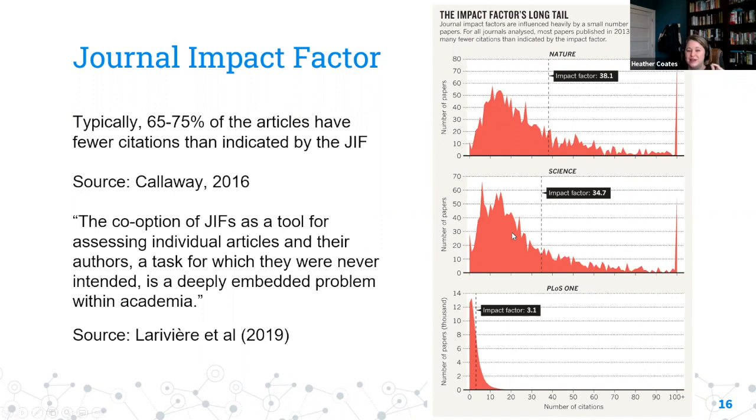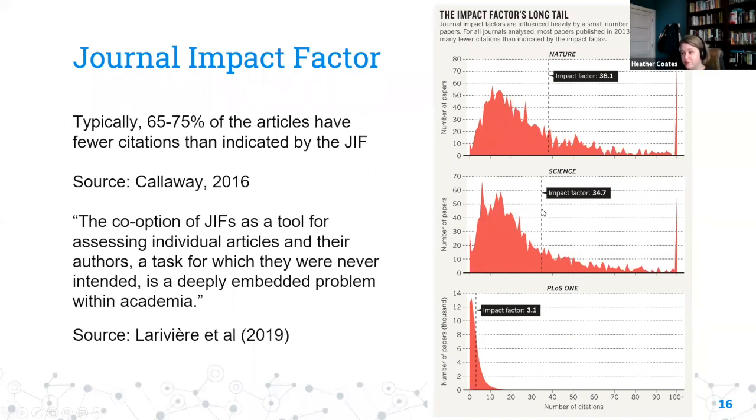Callaway demonstrated in a really interesting and provocative piece that the majority, anywhere from 65 to 75% of articles published in a journal, receive fewer citations than you would expect based on the journal impact factor.